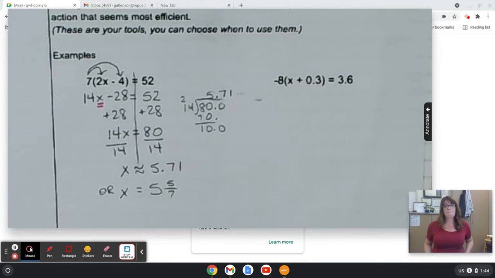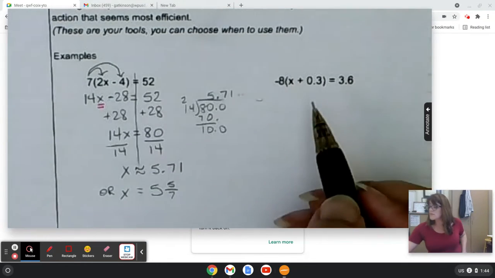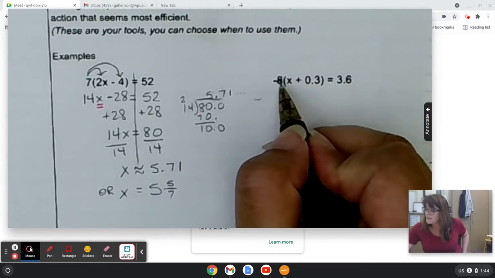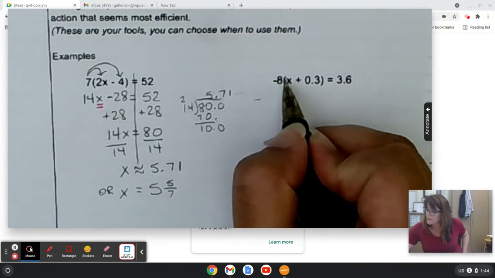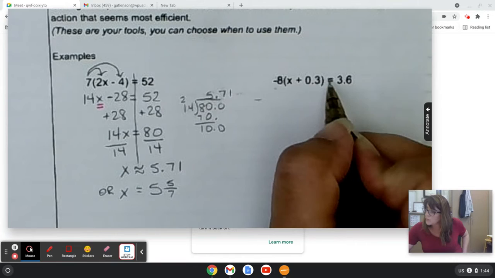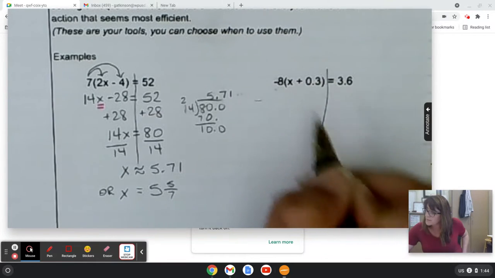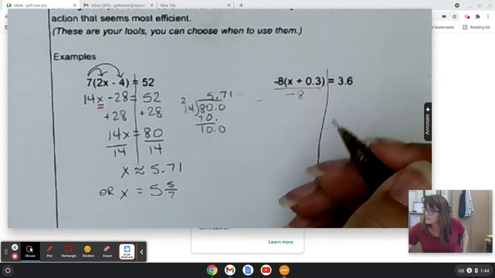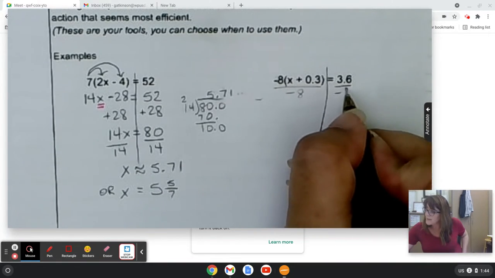Now on this next one, I'm going to show you what would happen if I don't distribute first. What could I do differently? Instead, this whole thing is being multiplied by -8. So right off the very first step, I'm going to divide this whole thing by -8, and I'm going to divide this by -8.